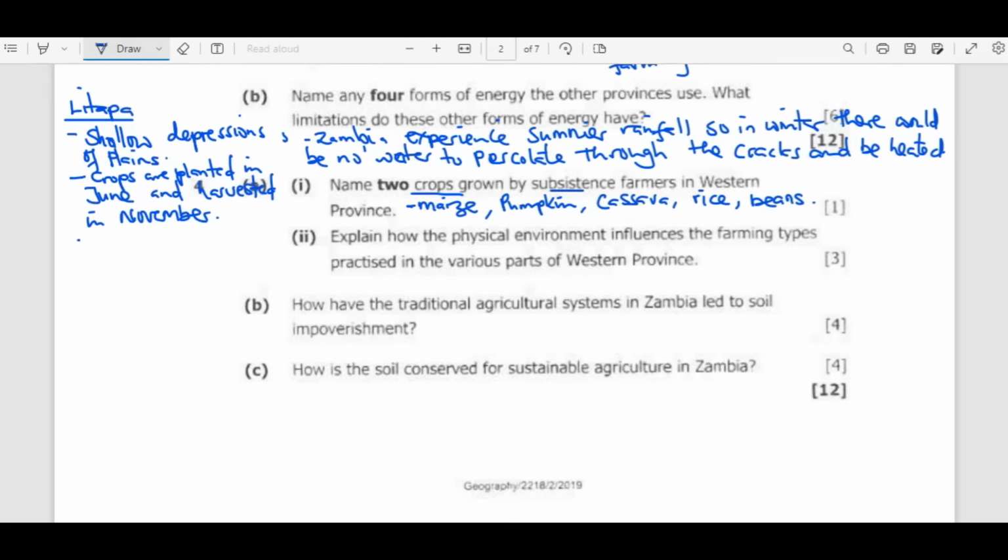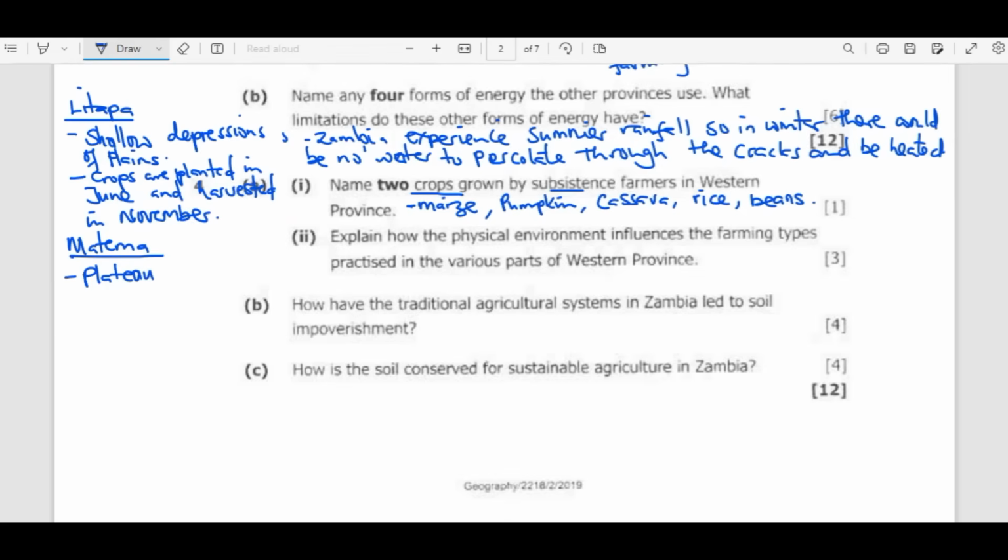Okay, apart from that, the other one is Matema. So Matema is another type. This one is done in plateaus. A plateau is a high flat land.